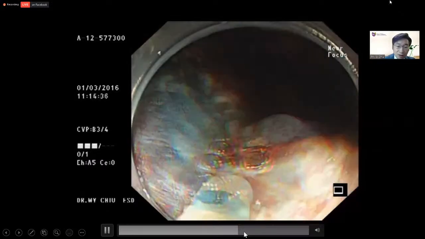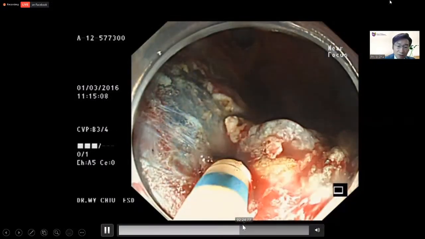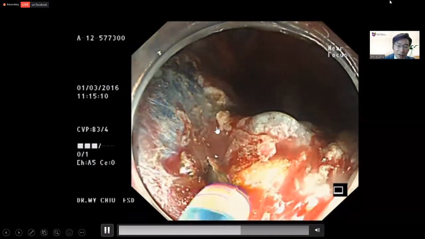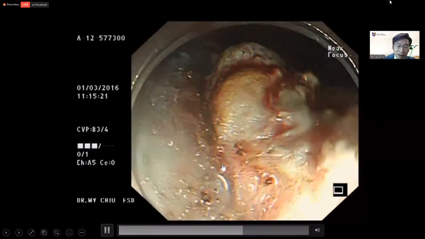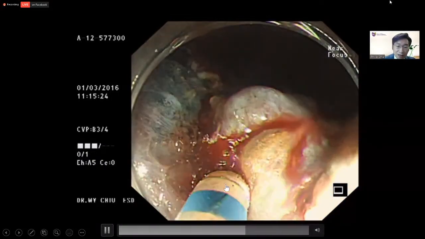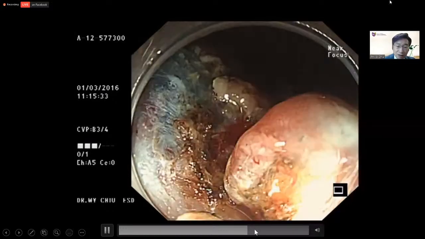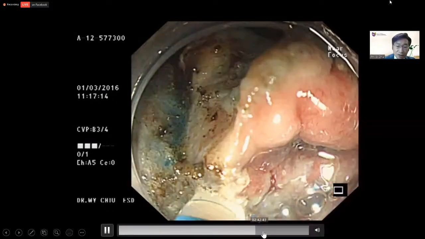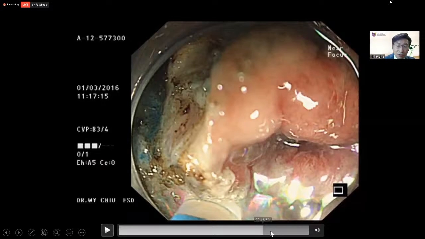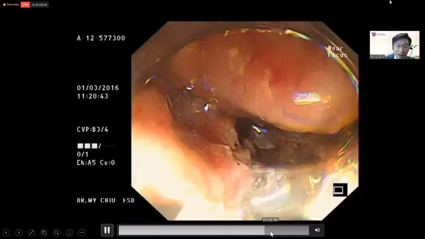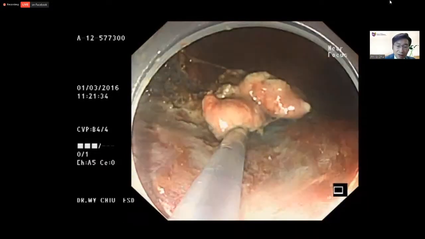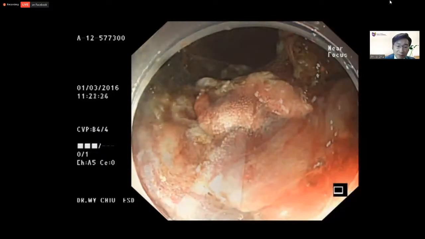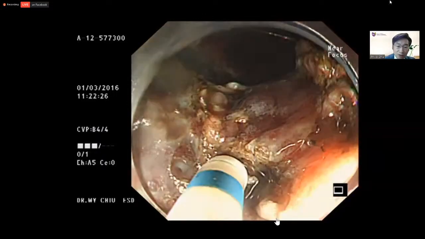This lesion happened to be over a previously dissected area, over a previous ESD scar. So there may be some adhesion encountered during the dissection. A lot of the time we use indigo carmine dye to inject at the submucosa so that we can have a better view and avoid a perforation as well.